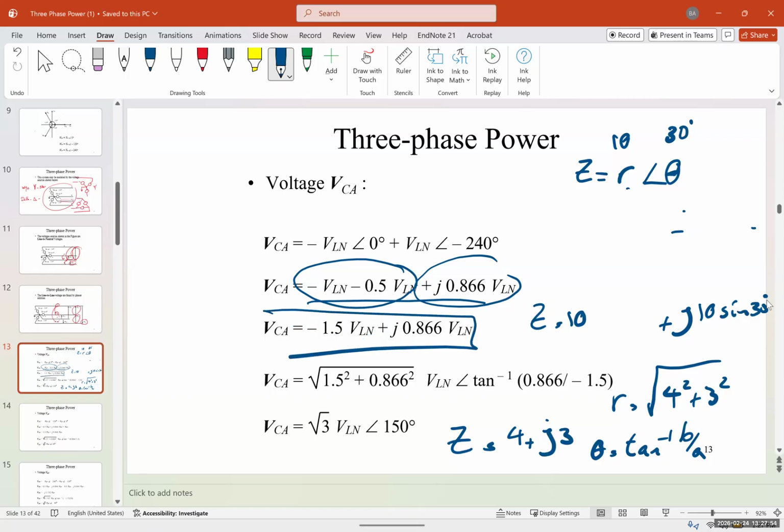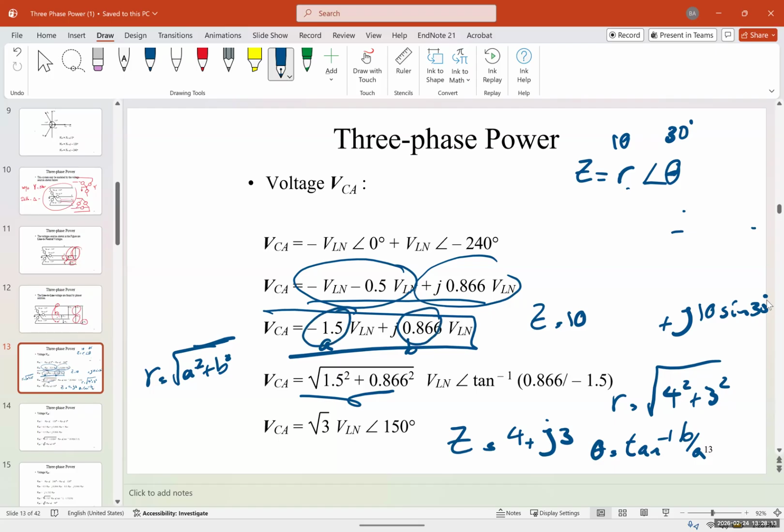Now we want to convert it back to phasor. This is going to be A. This is going to be B. Therefore, R is going to be equal to the square root of A squared plus B squared, which is going to be this square plus this square.